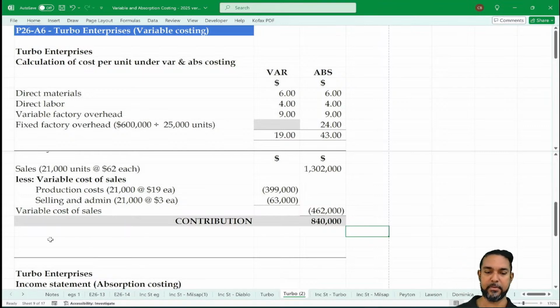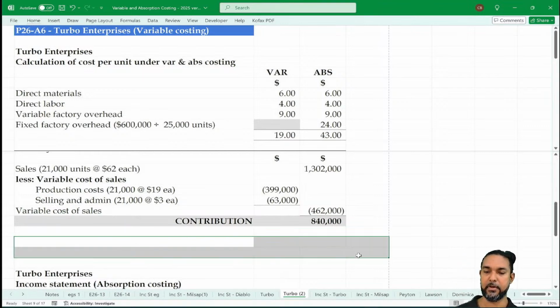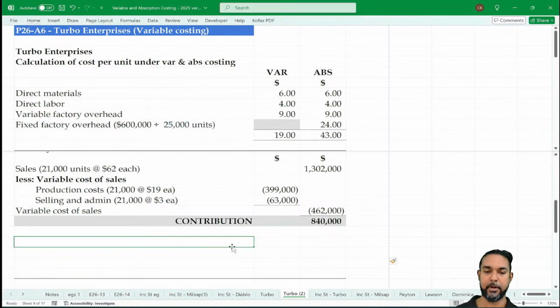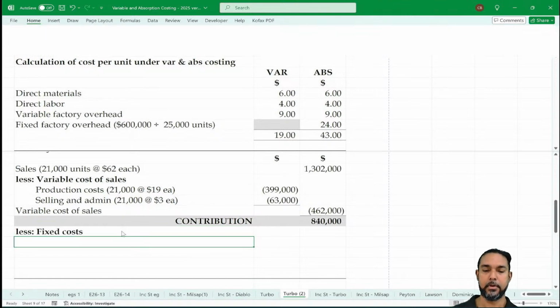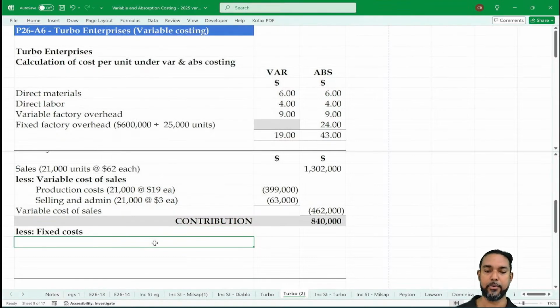And from it, we have to minus the fixed cost. So let me just shift this down a little bit. So less fixed costs, right? So now we have the production, or factory overheads.